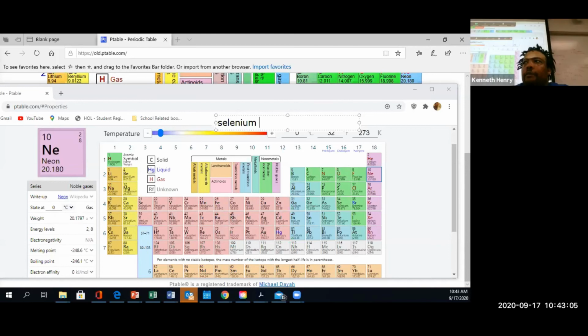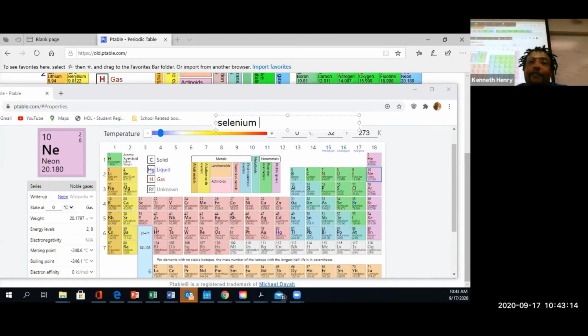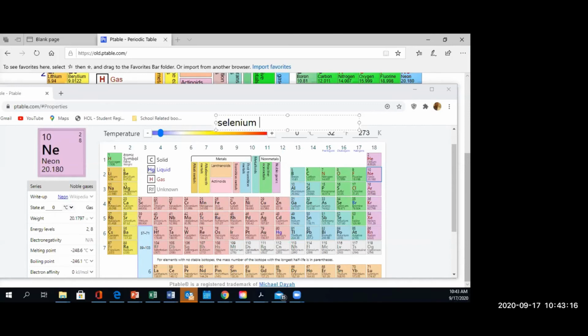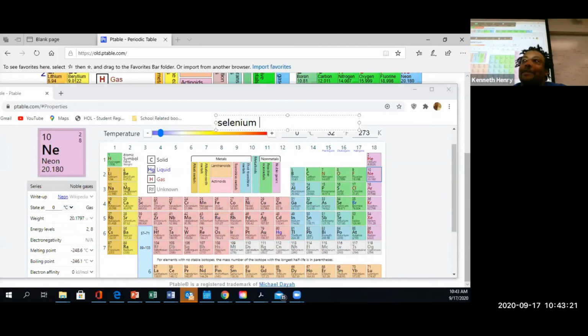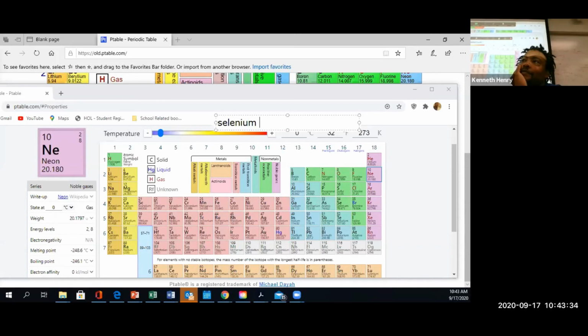Does it have a special name? Other nonmetals. So nonmetals. Does it have a special name? Reactive. Does it have any other special name? Like for instance, group 17 is called halogens. So what would group 16 be called? Chalcogens. Chalcogen, yes. Okay.